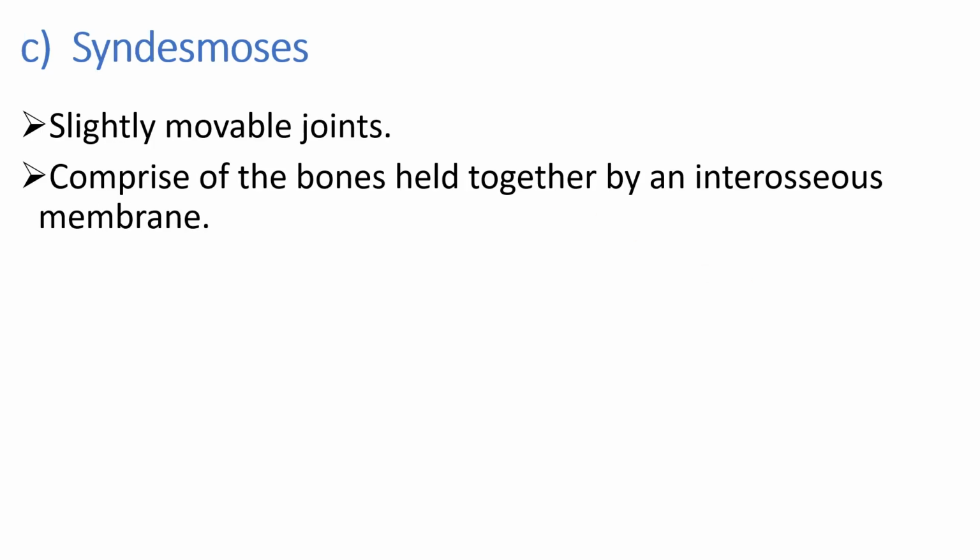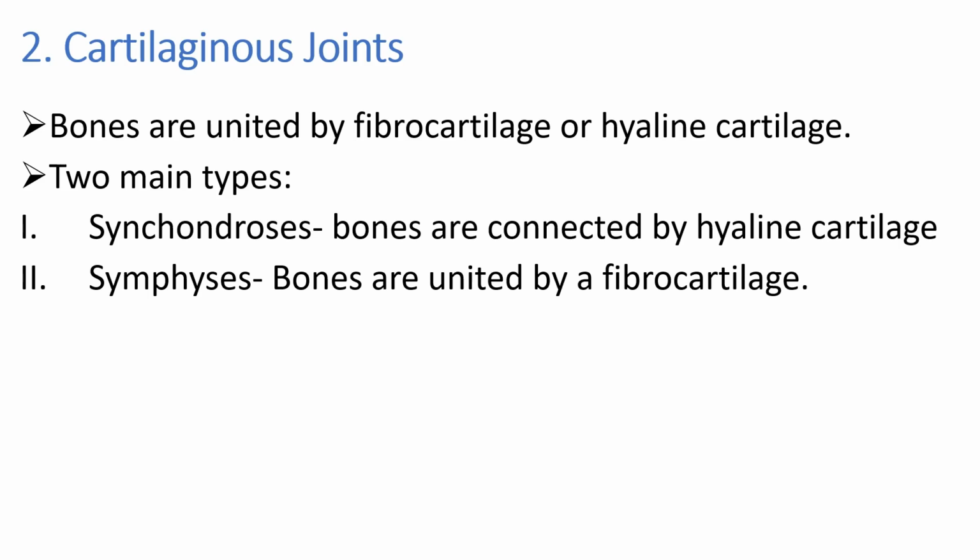Then we have syndesmoses. These are slightly movable joints, and they comprise bones that are held together by an interosseous membrane. Number two, we have the cartilaginous joints. So the bones are united by fibrocartilage or hyaline cartilage.